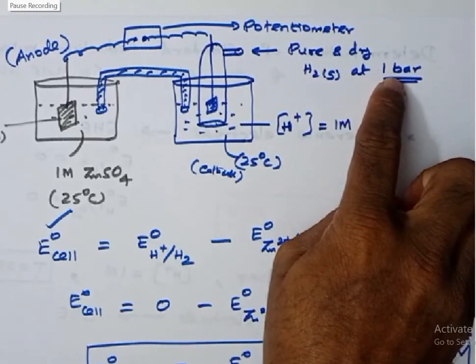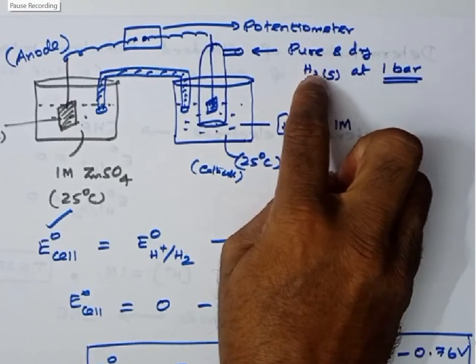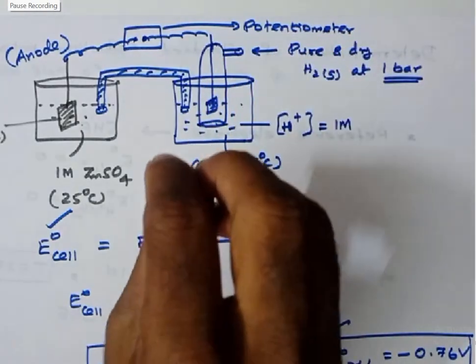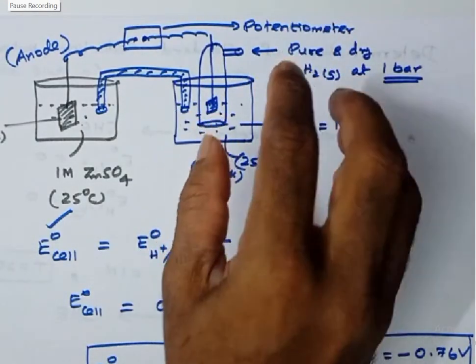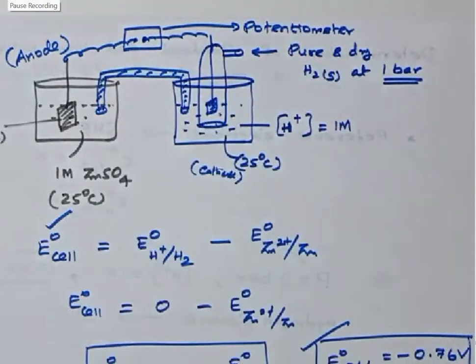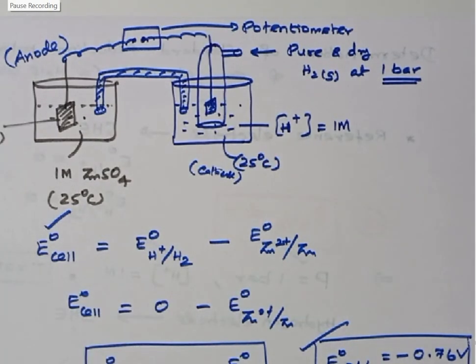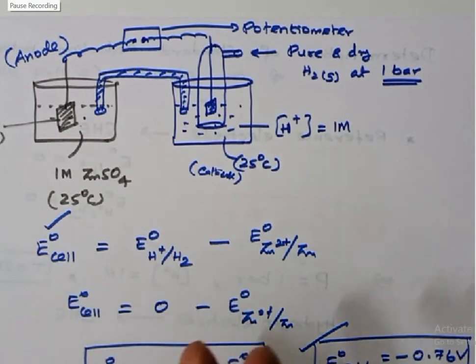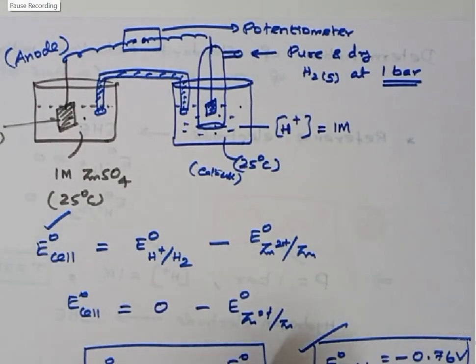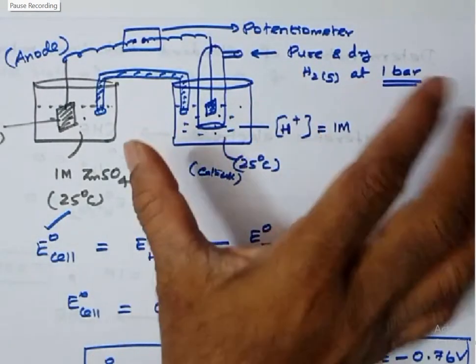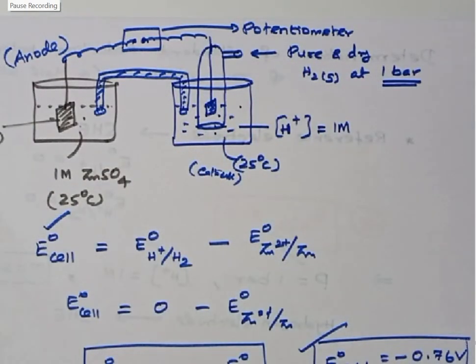Maintaining 1 bar pressure and getting pure hydrogen gas are some difficulties that exist with the use of the standard hydrogen electrode. That's why people prefer the calomel electrode. Calomel electrode is the secondary electrode. The construction of the calomel electrode is somewhat easier, so keep that in mind. But this is the primary reference electrode, no doubt in that. So in this way you can determine the standard reduction potentials of electrodes.